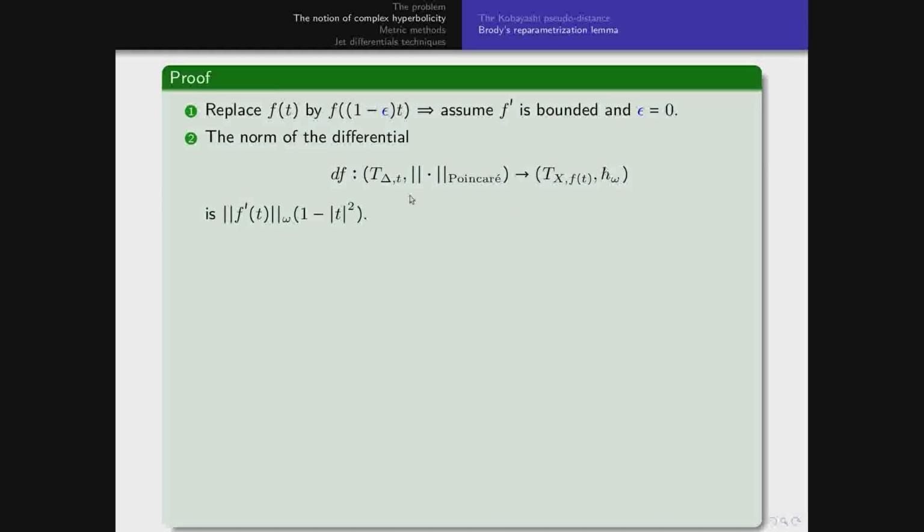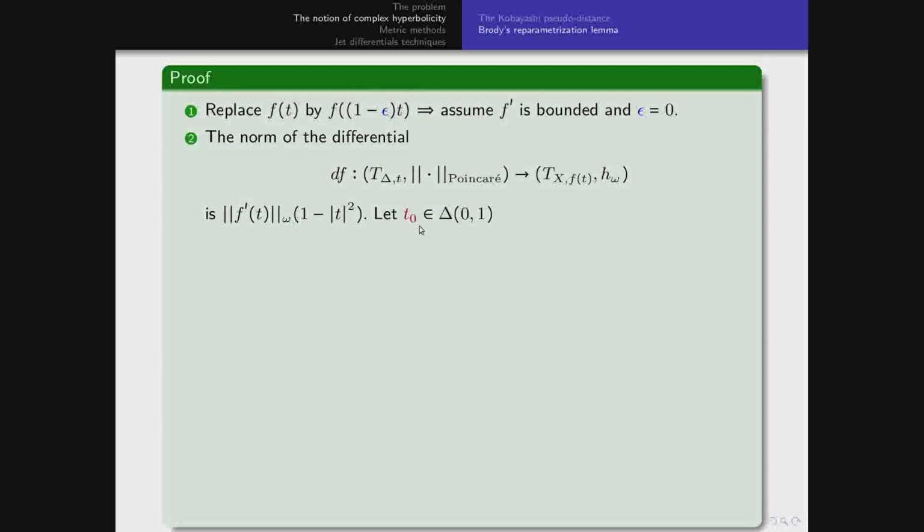And it's not hard to see that this norm is expressed as follows. And since we assume that f prime is bounded everywhere and even to the boundary of delta, this is also bounded everywhere and it tends to 0 towards the boundary.